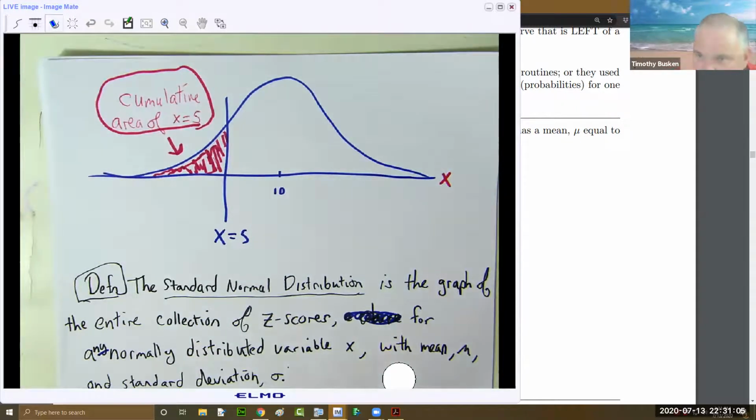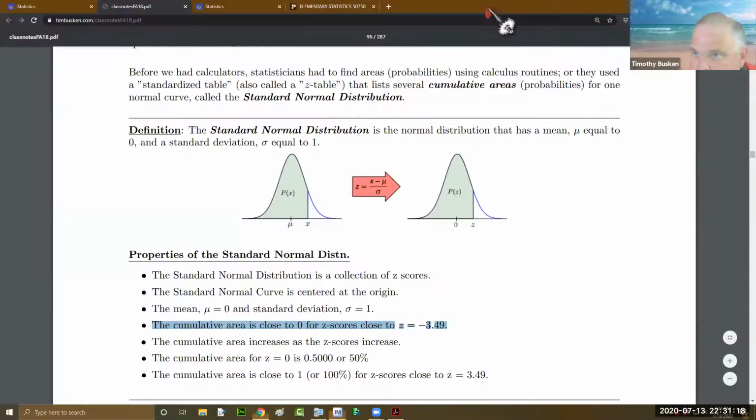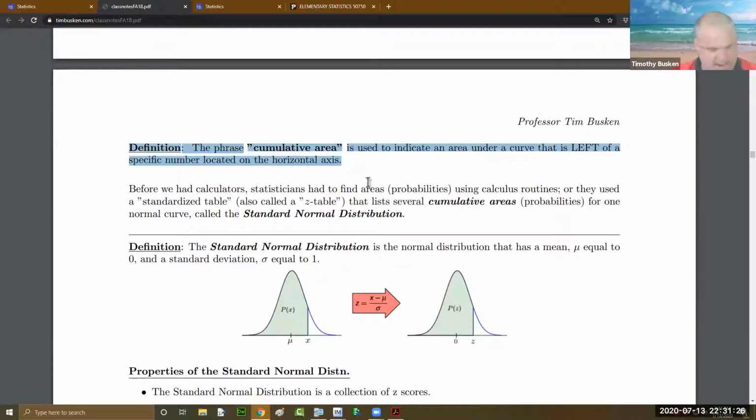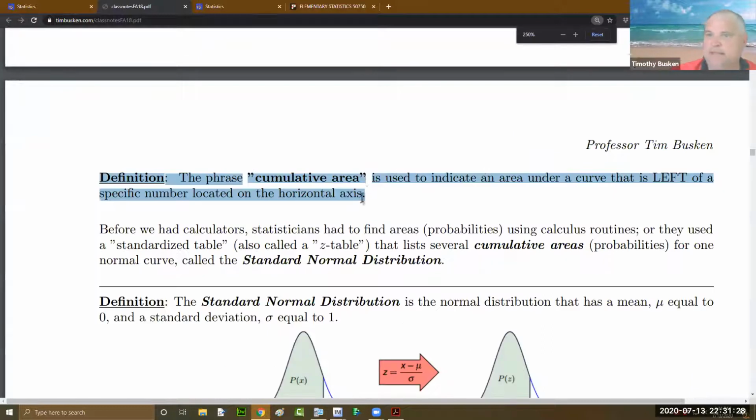So to understand how these standard normal distribution properties work, and also how to use the z-table, you need to know the definition of cumulative area. And here's that definition. The phrase cumulative area is used to indicate an area under a curve that is left of a specific number located on the horizontal axis.